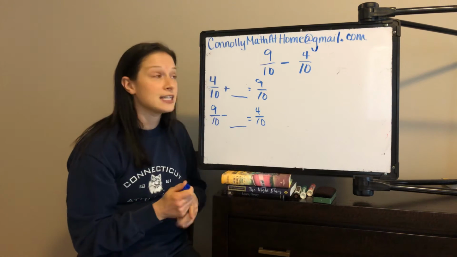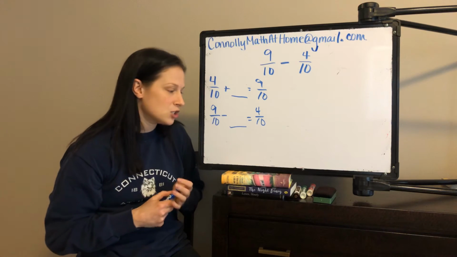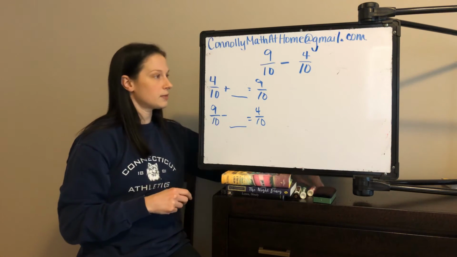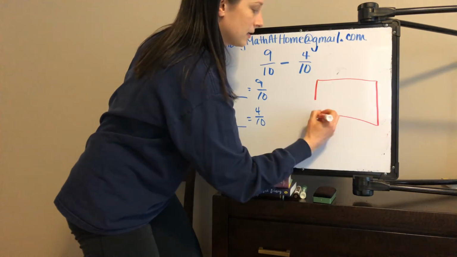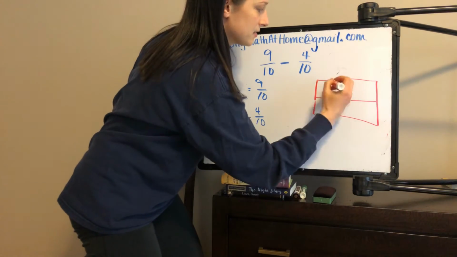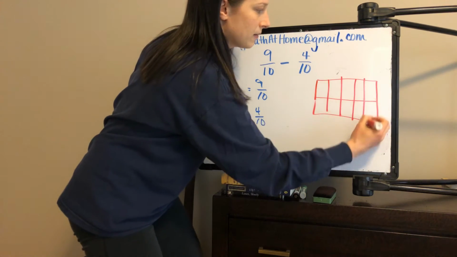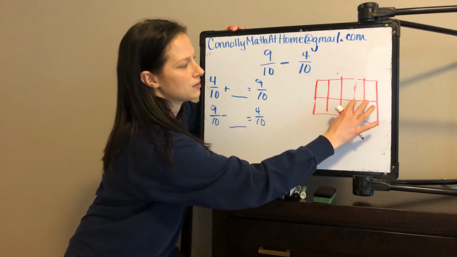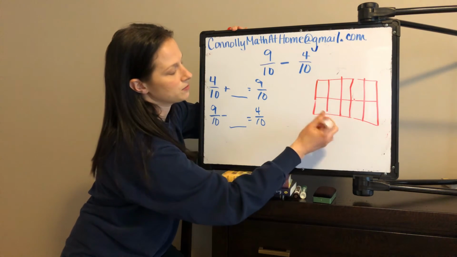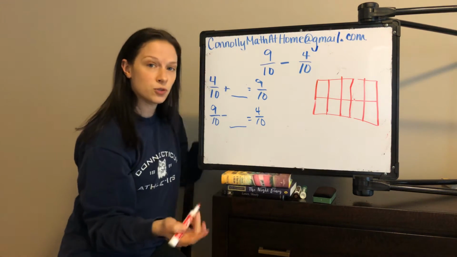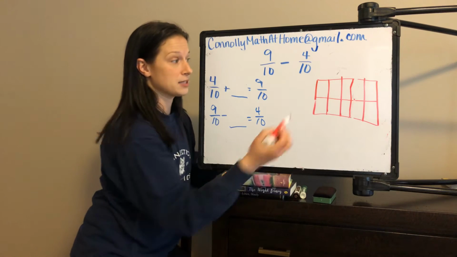Okay, so let's start with the area model representation, just to review that. If you have 9/10, first I'm going to show tenths. Remember, you're making them as close to equal size as possible. It's not going to be perfect every time, especially when we're trying to do tenths on our own. But you do want to make it as close to that as possible.